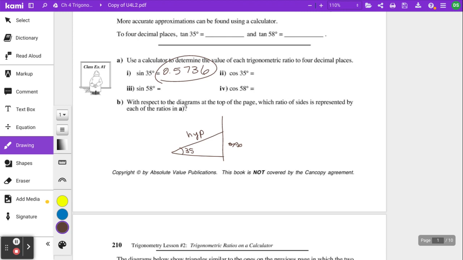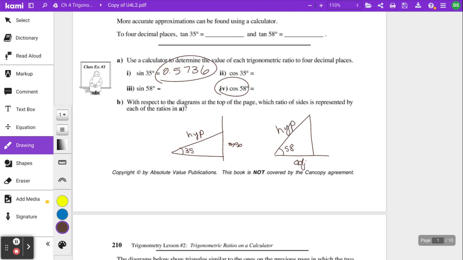Okay, someone type in cosine of 35. Nah, let's do cosine of 58. In my triangle, 58 would be slightly larger. If this was 58, now I'm going to find out what the ratio is of the adjacent side, this one, to the hypotenuse. What do we get? 4 decimal places.